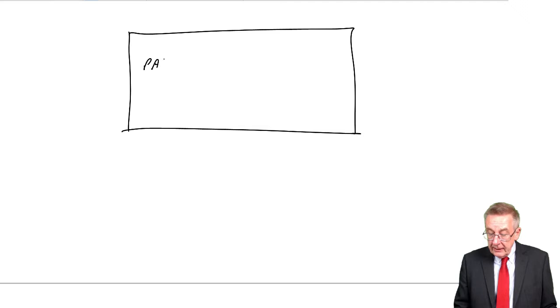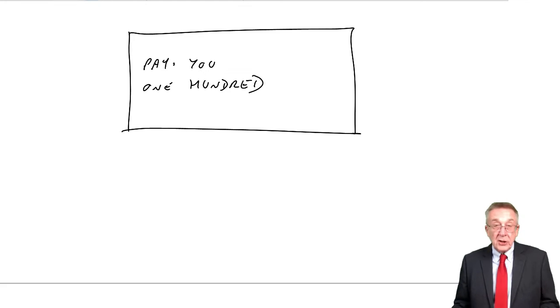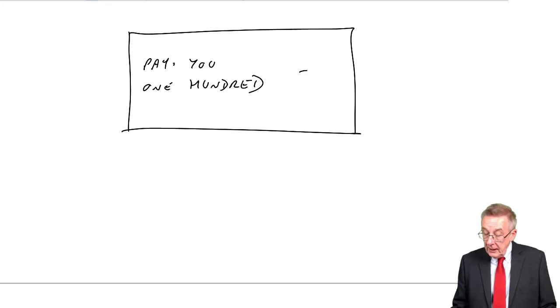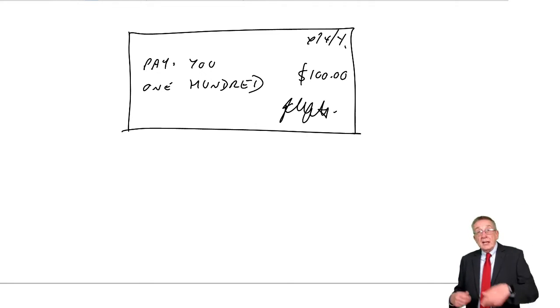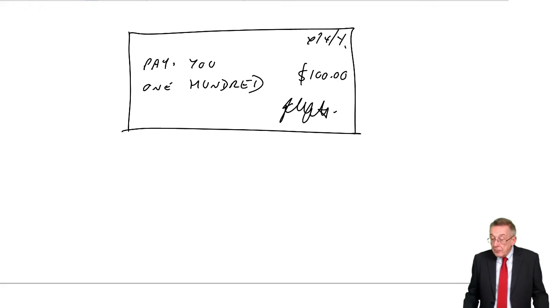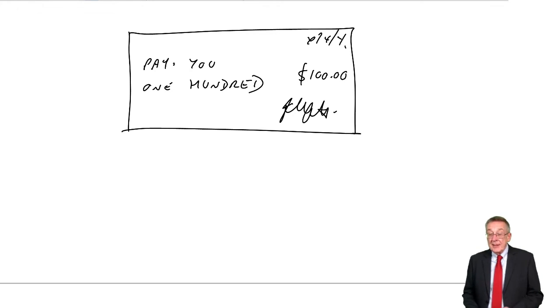You put pay, whatever your name is, 100 dollars or whatever the currency is. You write it in letters, you put the date on, you sign it, and I give you that cheque, or I post you that cheque.